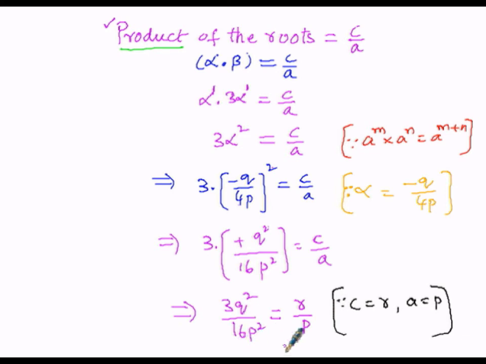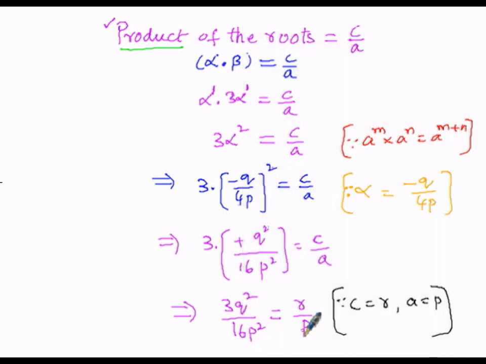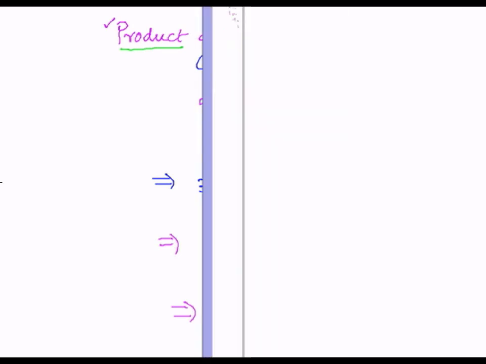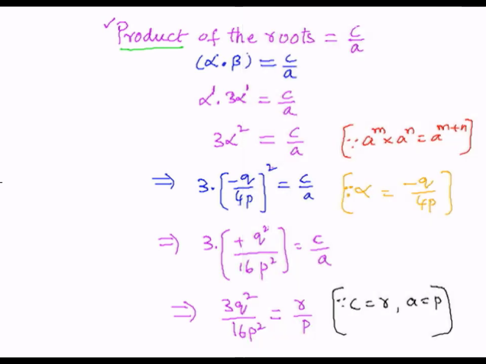So the next logical step will be 3q square equals, the right hand side quantity is r divided by p. Here 16p square, when transposed over to the right hand side, will multiply in the numerator with r.